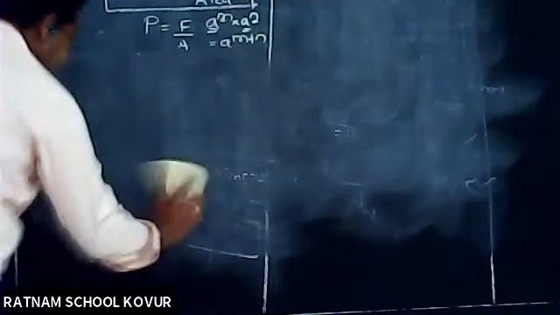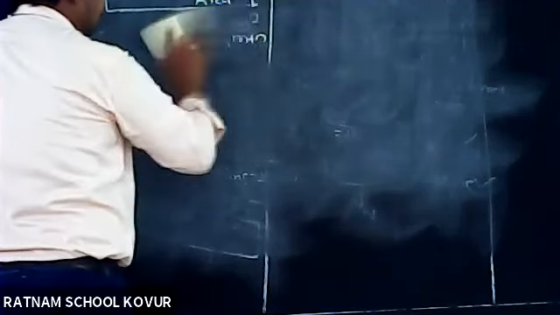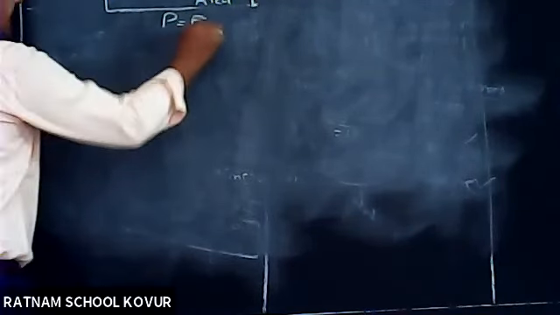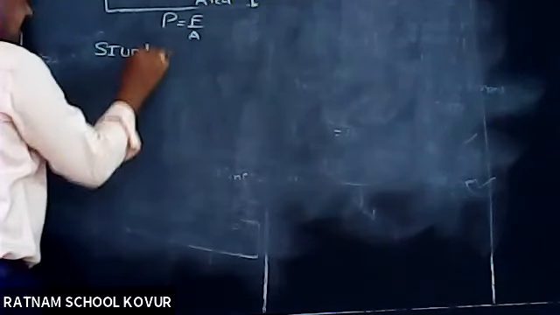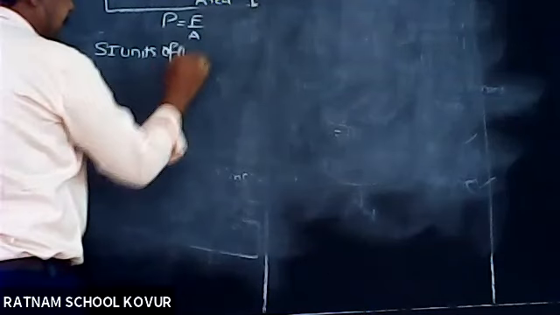Now we will write the units for pressure. Pressure is equal to force by area. So P is equal to F by A. Now I am writing SI units of pressure.